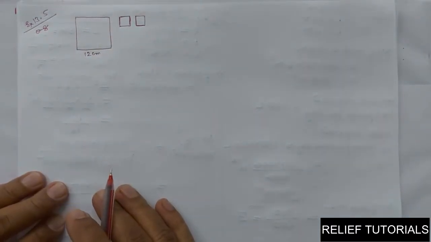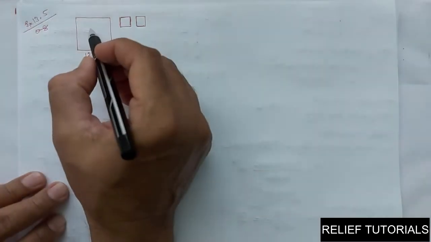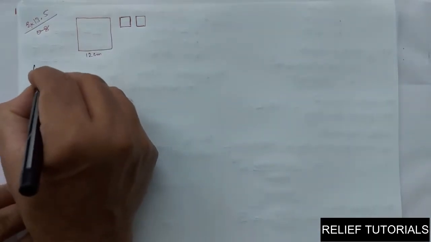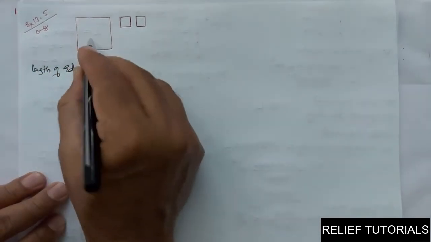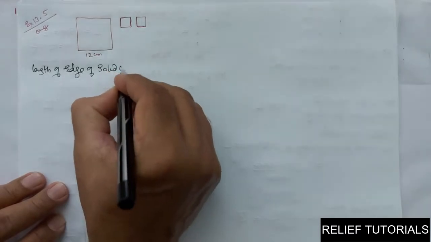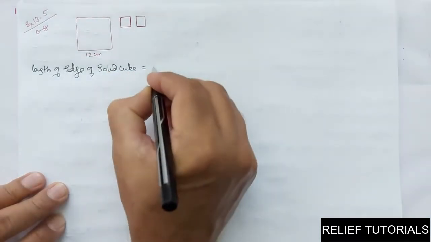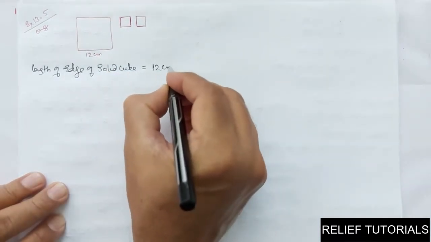Clear? So first for the bigger cube, the length of the edge of the solid cube is 12 cm, so we can find the volume of the solid cube. Length of edge of solid cube is equal to 12 cm.